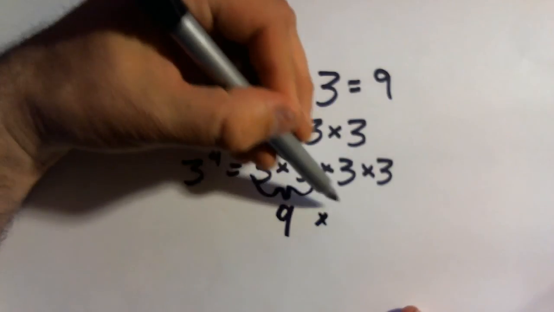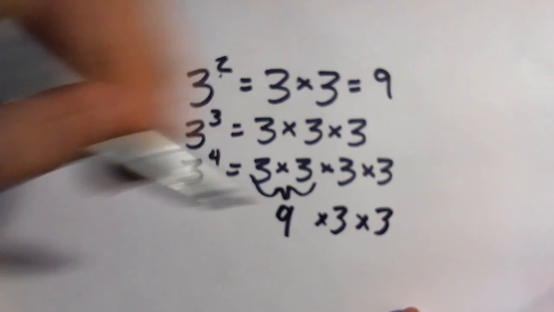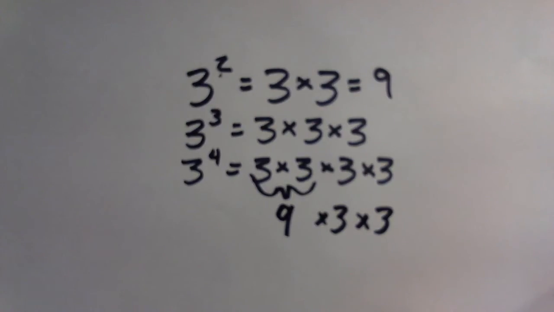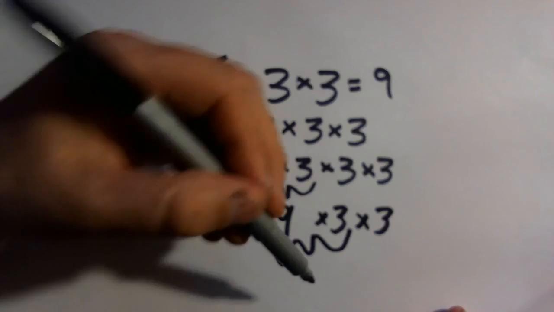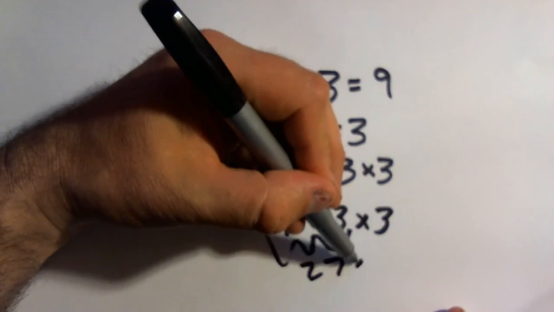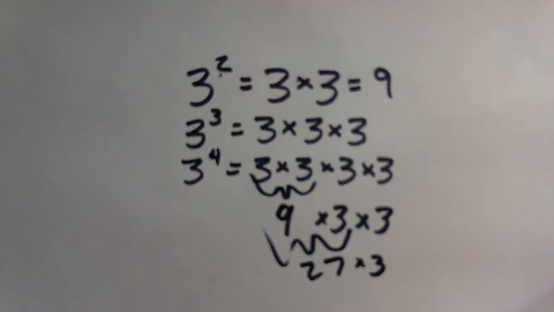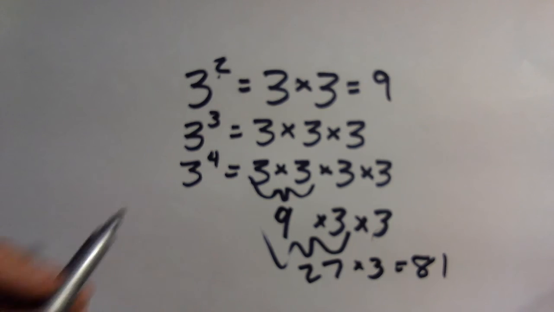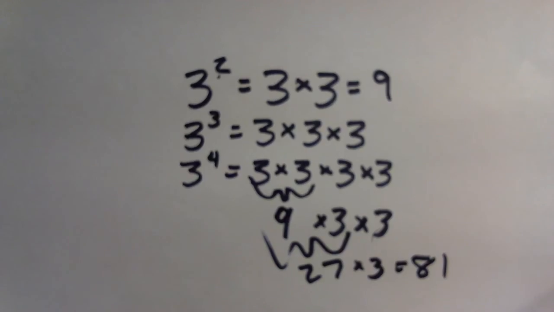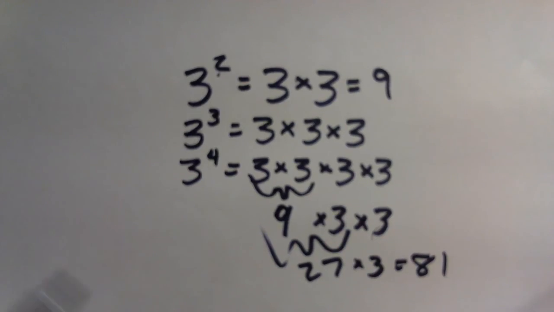I could drop down the other 3 times 3 because I didn't change that, right? Well, 9 times 3, what's that? 27? And just drop down this other 3. Let me grab my calculator here. 27 times 3, that's 81. So 3 to the 4th power is actually 81. So that is what the exponents represent.